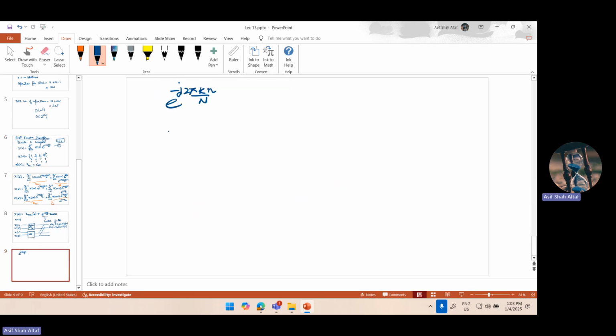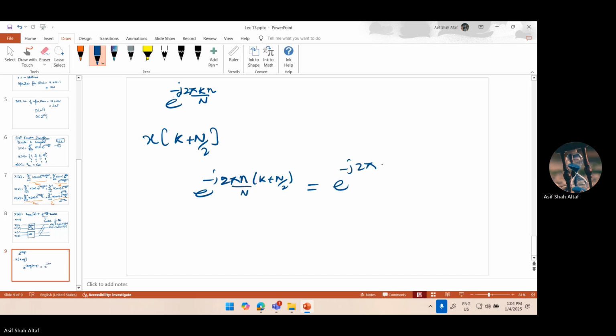Now to calculate the rest of the components, which will be the rest of the half, you will have to put k plus n by 2 here, as 2 pi n, k plus n by 2 by n, which will give you 2 pi n, k by n, and then there will be one more, 2 pi n by n into n by 2.